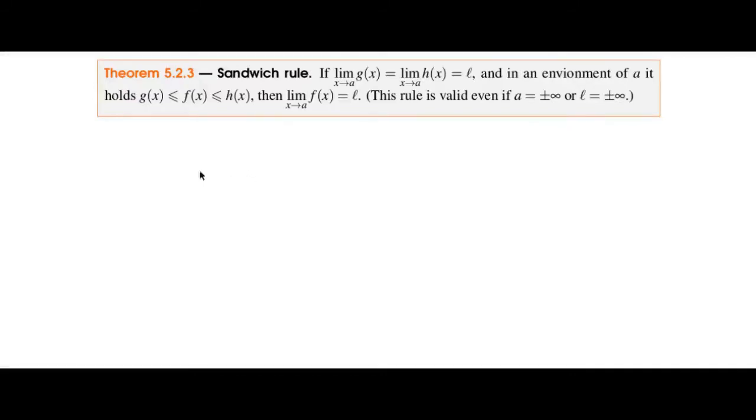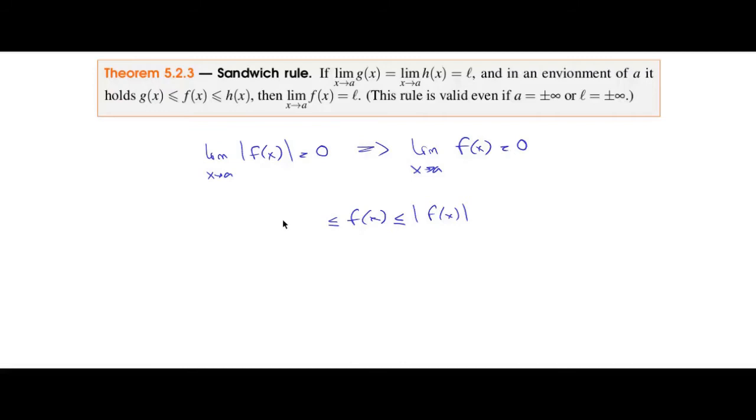First consequence of this is that when the limit of the absolute value of a function is 0, this implies that the limit of the original function is also 0, because we can bound the function from above by the absolute value, and we can also bound it from below by minus the absolute value.